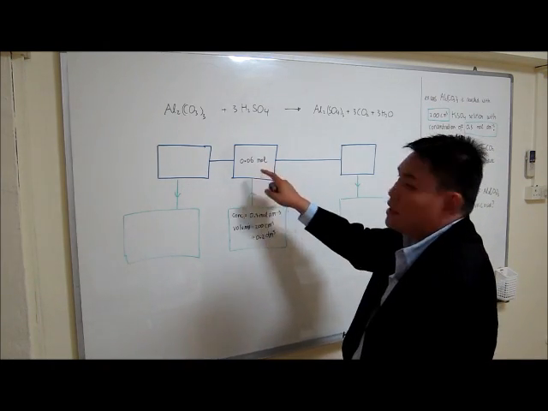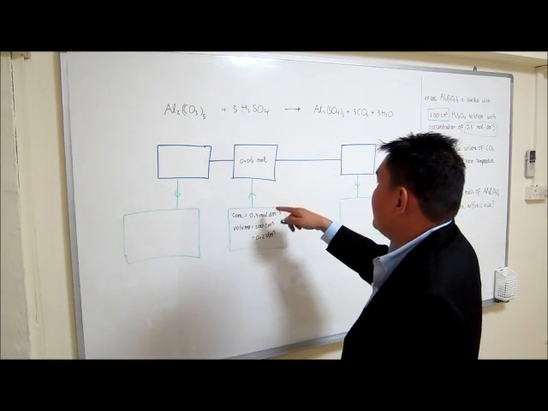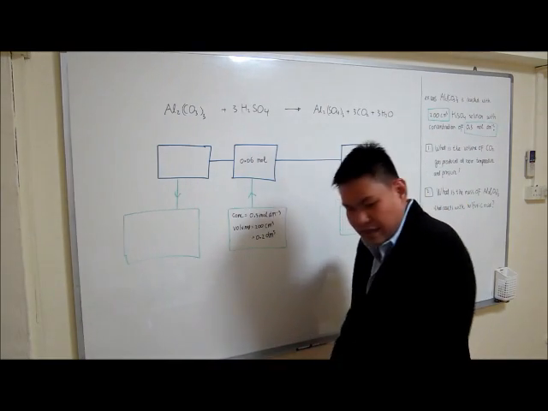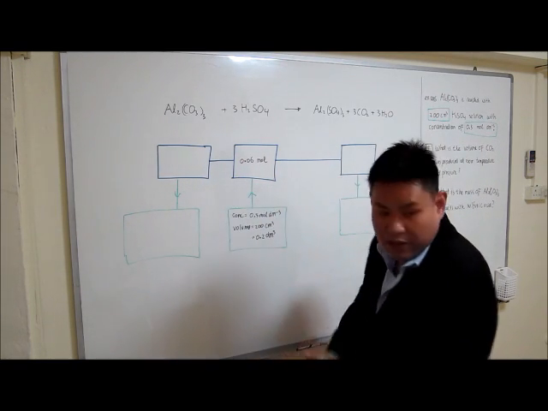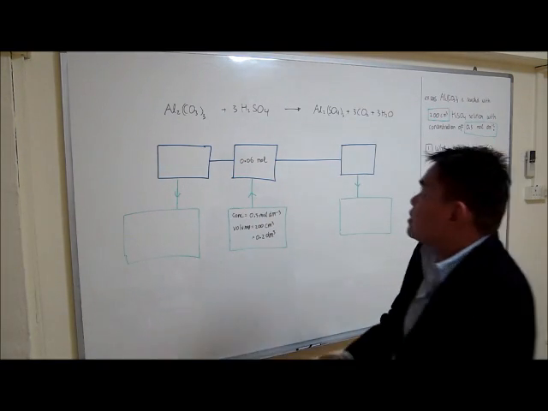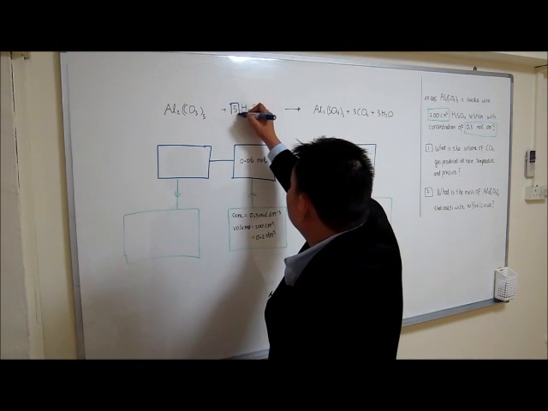So by knowing the number of moles of one of the substances, we can calculate the rest by using mole ratio. So all these blue boxes here will follow the mole ratio in the chemical equation.